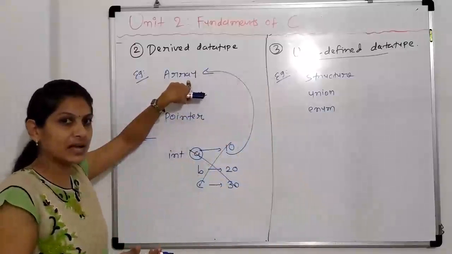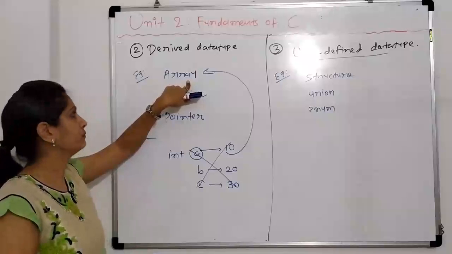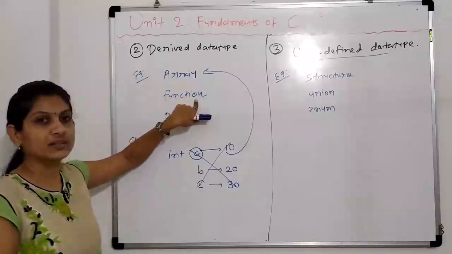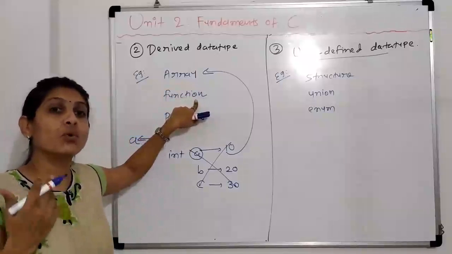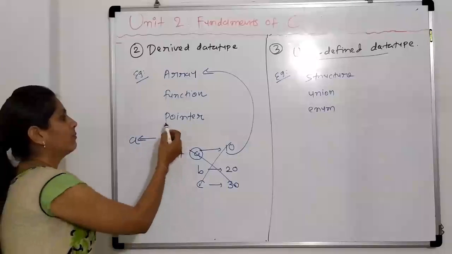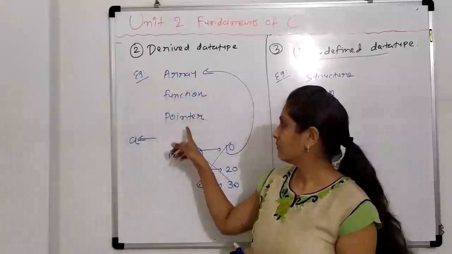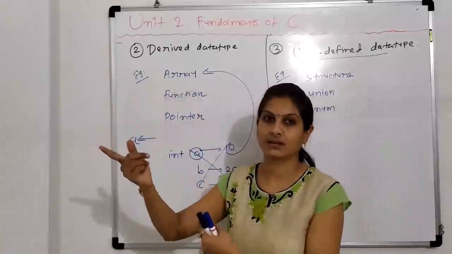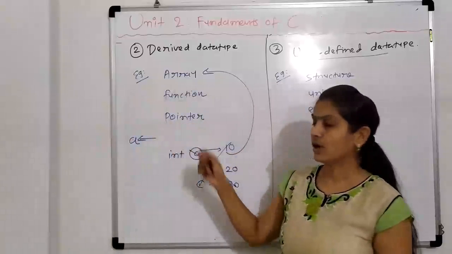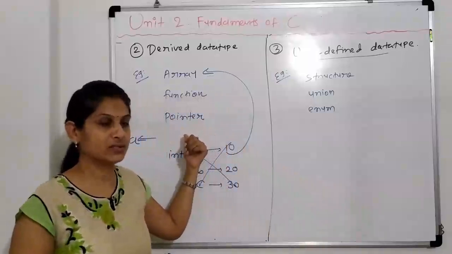How it is executed, we will see in our chapter. Second is function, that is, the user can create their own function, which is part of our program. Pointer means what? The word means to point at something. That is nothing but a pointer. Again, we will see this in detail in our chapter.